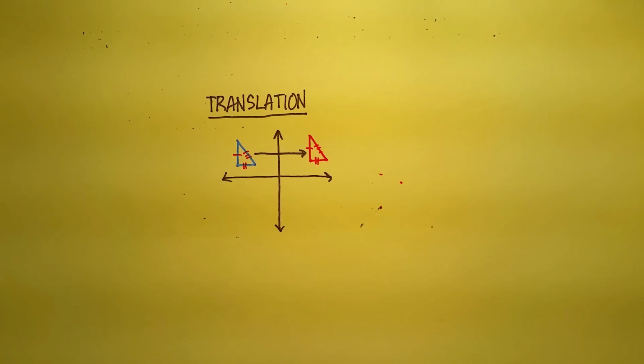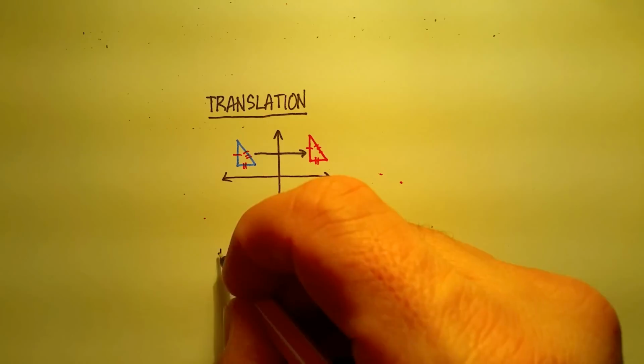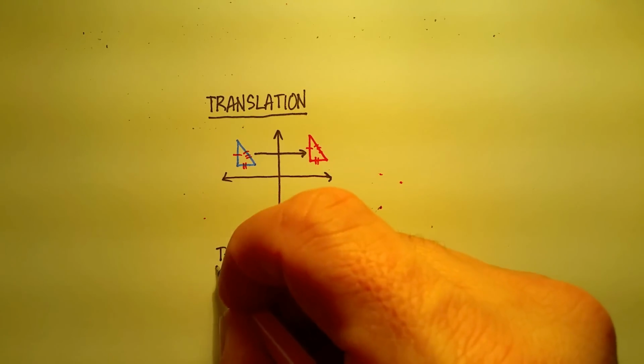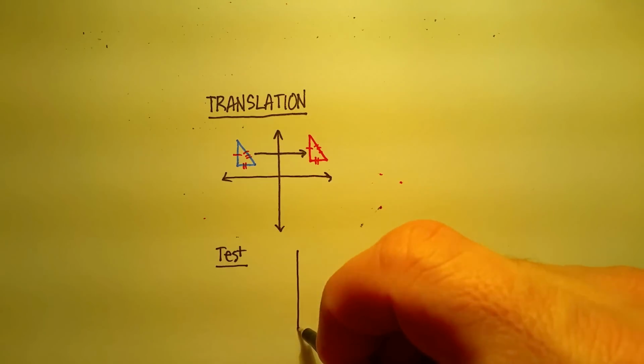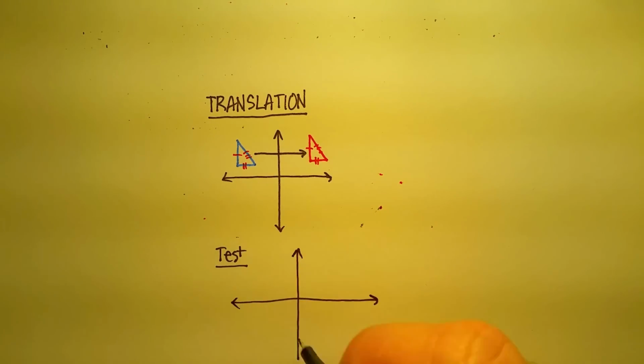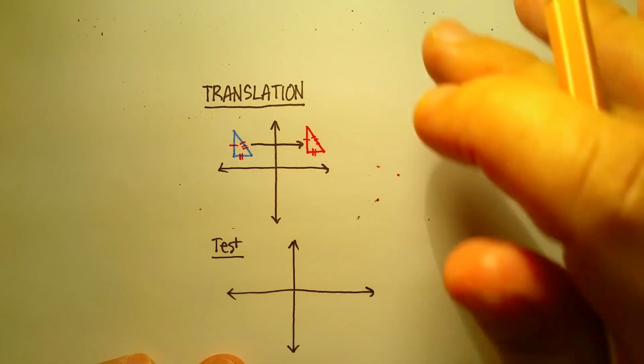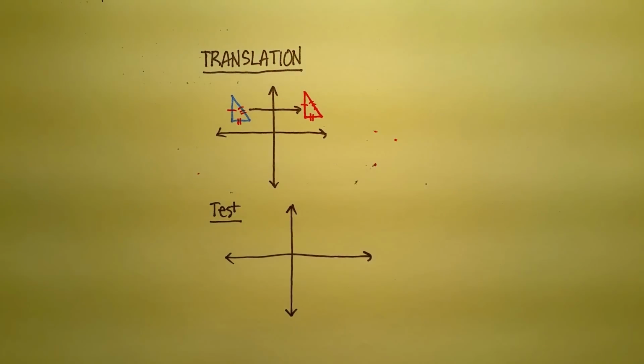So what I'd like to do is give you a small test and see if you can figure this out. So here is a little test for you, all right? Here's my XY axis. And let's see if you can identify which of the three types of transformations this is. Is it a reflection? Is it a rotation? Or is it a translation?